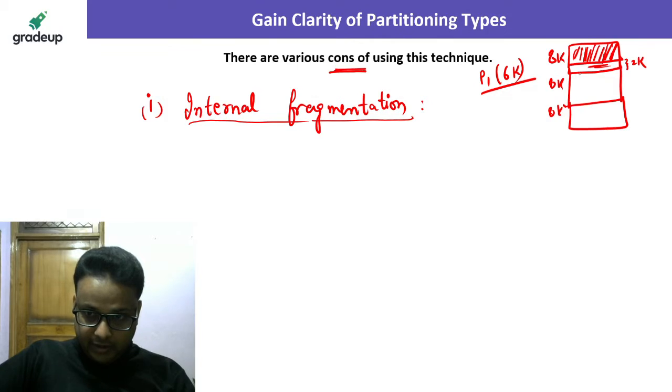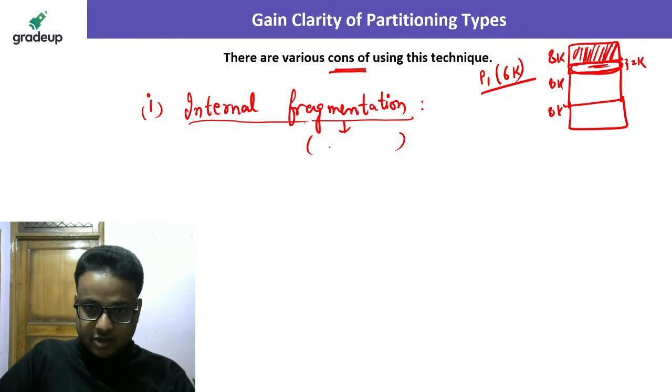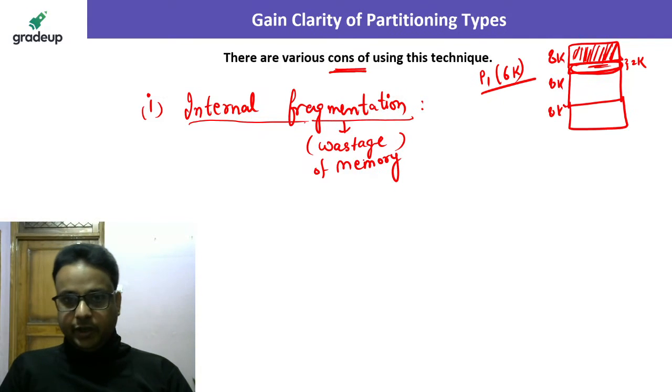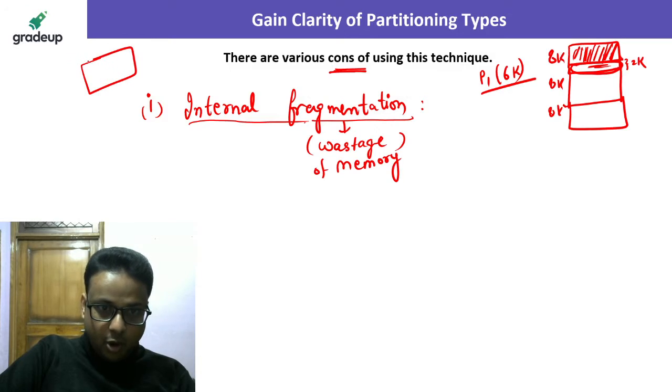So this wastage is known as internal fragmentation. Fragmentation means wastage of memory. Wastage of memory is known as fragmentation, and internal means the wastage is within the block.